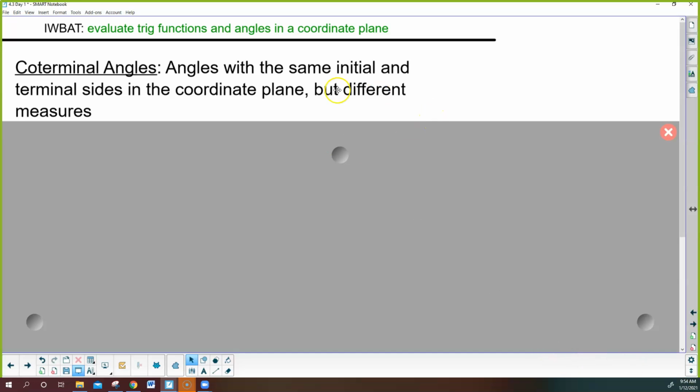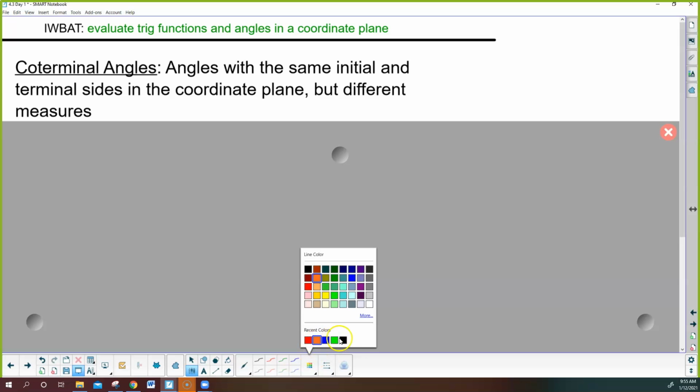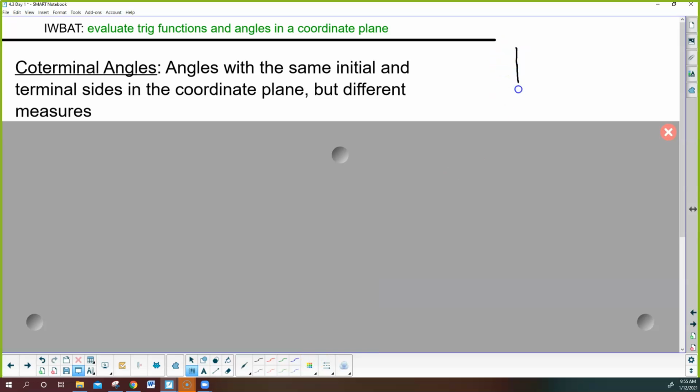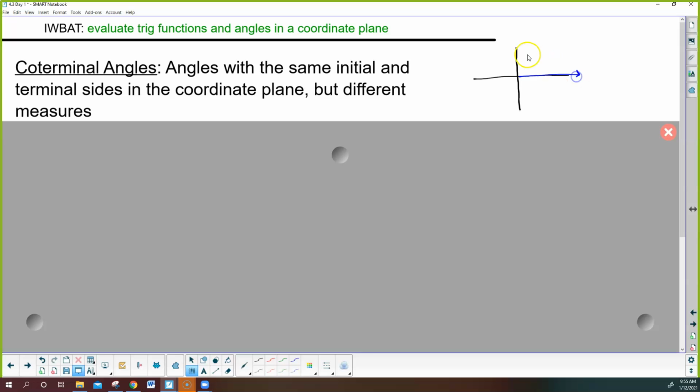Let me just show you a quick visual. You don't really have to write this piece if you don't want to. But let's say I have an XY plane, and I have an angle that starts here. Here's my initial side, and then it goes, let's say, 60 degrees.